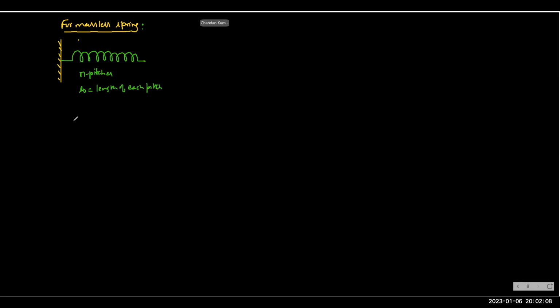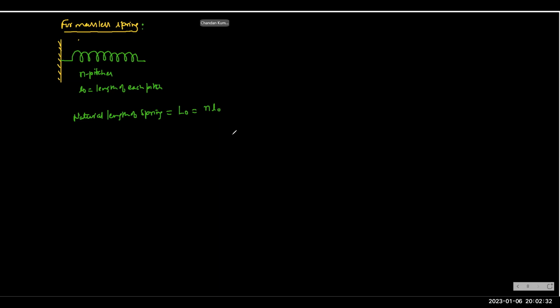So what is the natural length? So natural length of a spring will be how much? Let's call L naught. You have n pitch. Each pitch is of length L naught.